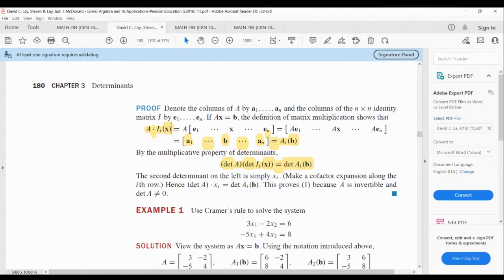So you have the determinant of A times the determinant of I sub I of x equals the determinant of A sub I of b.